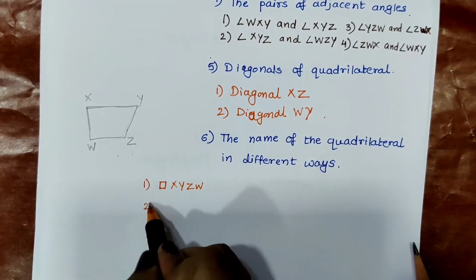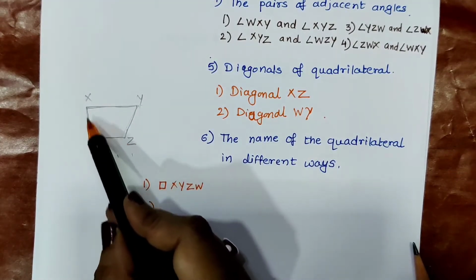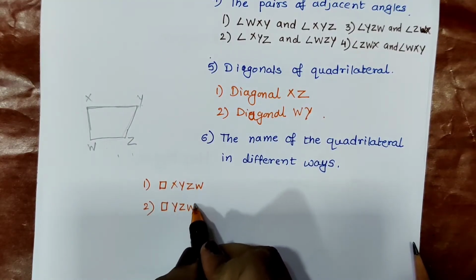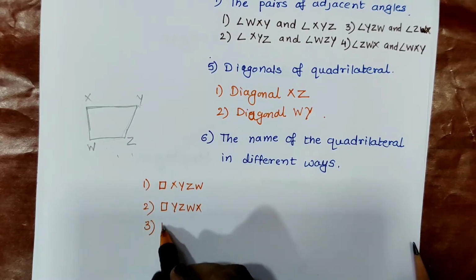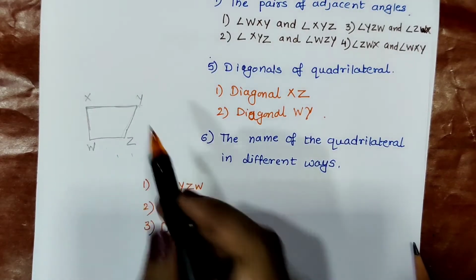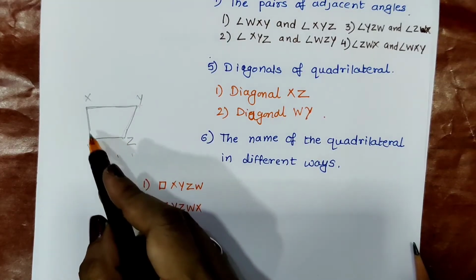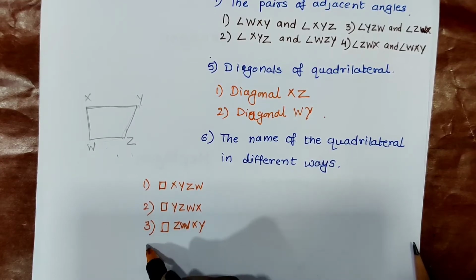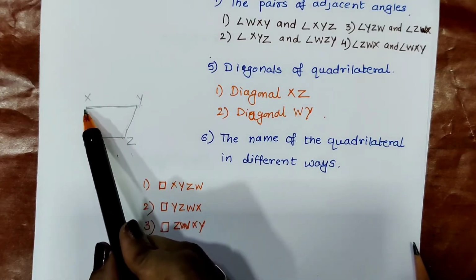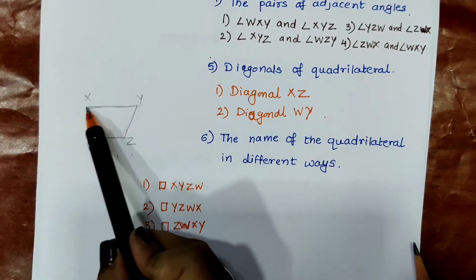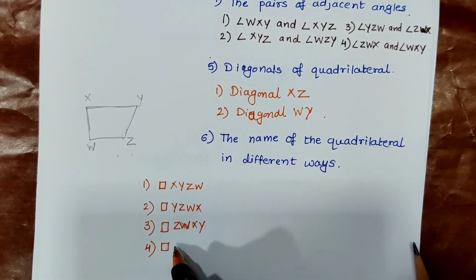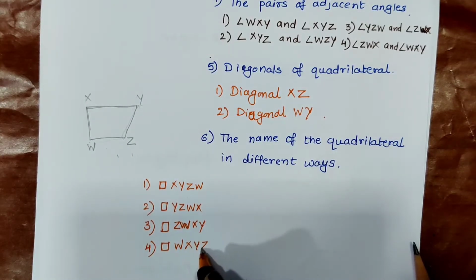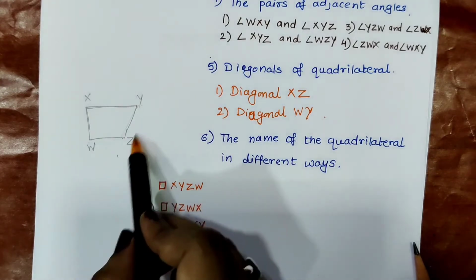Now start from the second point Y, go in the clockwise direction: YZWX. Now third one, you start from Z and go clockwise: ZWXY. Fourth way, you start from W and go clockwise: WXYZ. So these are the 4 ways which we have written in the clockwise direction.